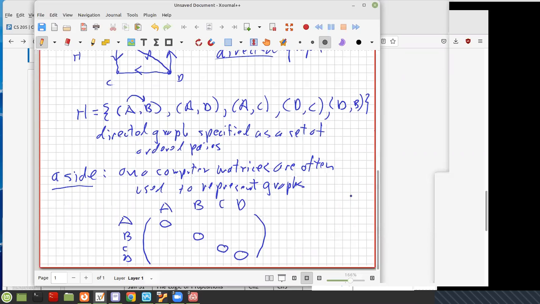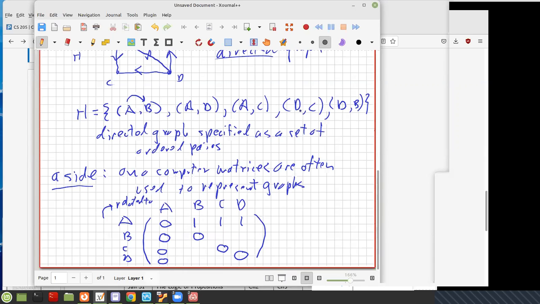For this directed graph up here, we can see that A is related to B, so we put a 1 there, but B is not related to A. Then A is related to D, and A is related to C, but these would be zeros down here because it doesn't go backwards.